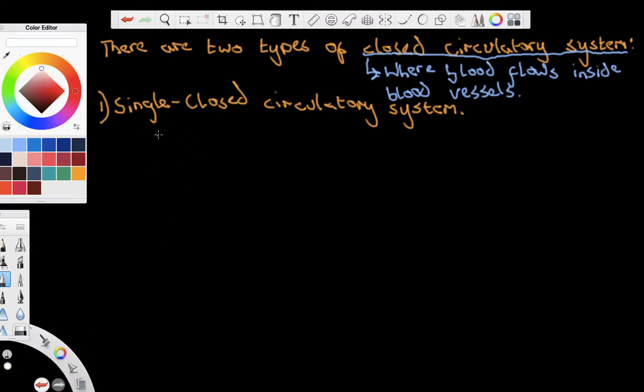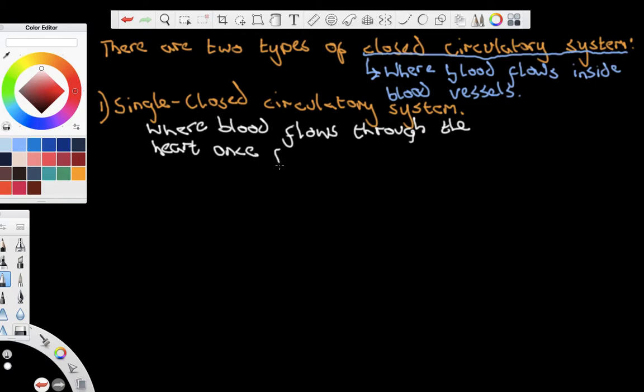So we can say a single closed circulatory system is where blood flows through the heart once for each complete cycle of the circulatory system.